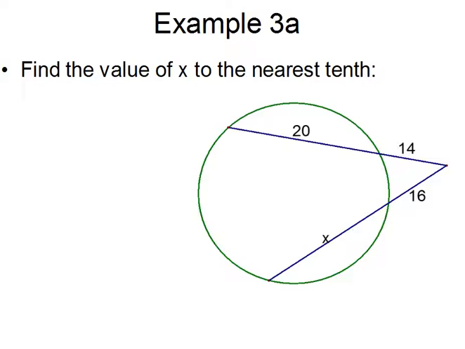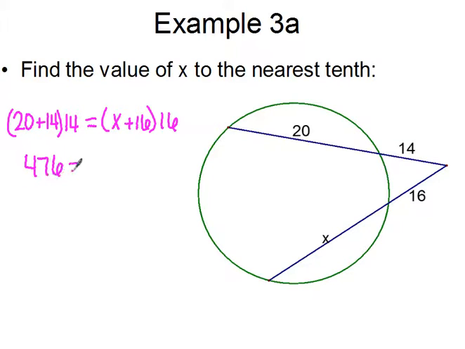Alright, this one is a case number 2 because it's 2 secants and they meet outside. So we do whole secant times the piece on the outside, and then whole secant times the piece on the outside. So 20 plus 14 is 34 times 14 gives us 476.